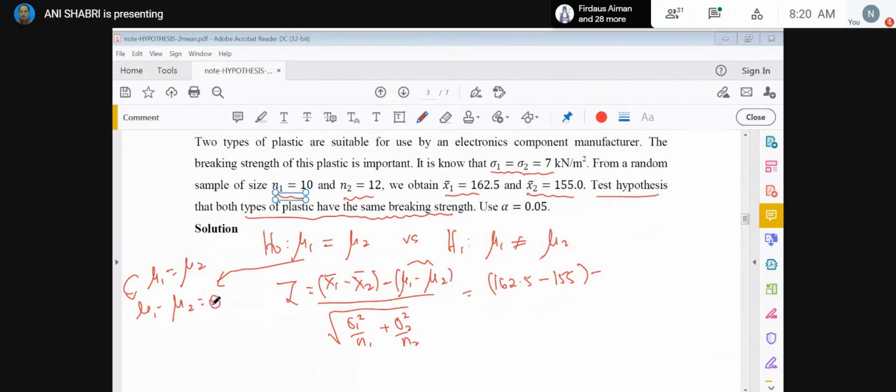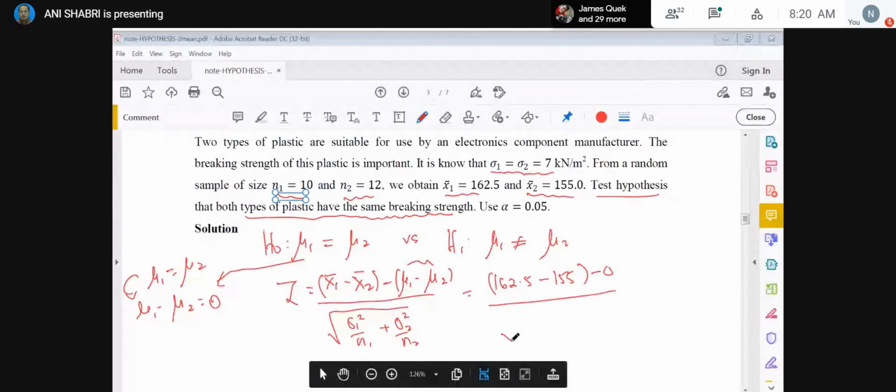Just put 0. Divide by, okay, sigma is given. Sigma is 7 squared divided by n1, where n1 is 10, plus 7 squared divided by 12. Okay, try to calculate, what is the value?